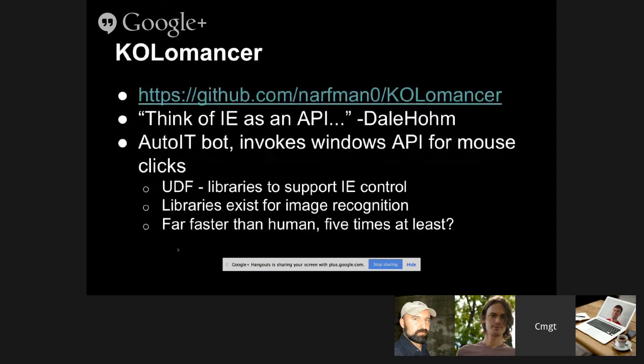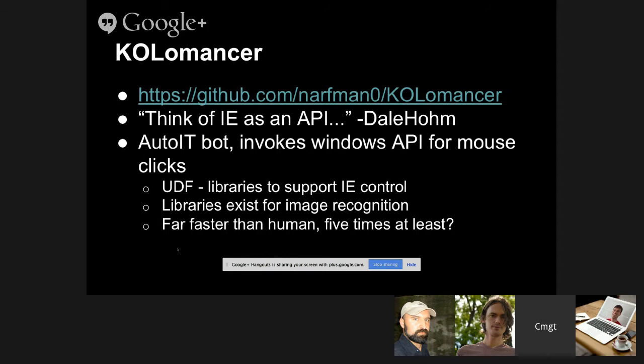So, what AutoIt does is it automates Windows, primarily input, but all around it uses the API and invokes different Windows API calls to do your bidding, automation type stuff. But there have been libraries that have come up around it to support other things, like, for instance, Internet Explorer.